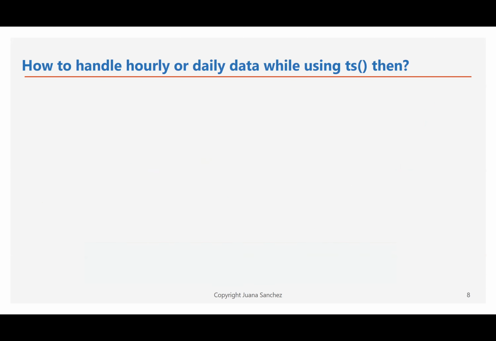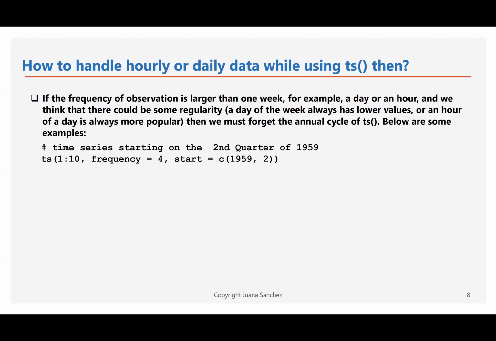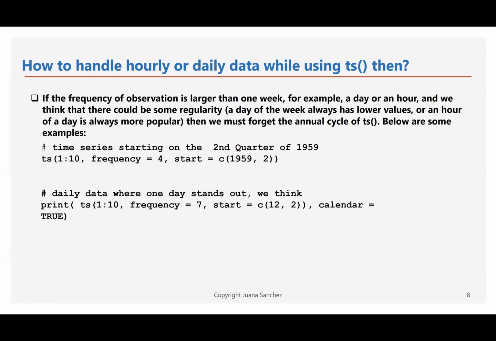So how to handle hourly or daily data while using TS then? If the frequency is larger than a week, for example, a day or an hour, and we think that there could be some regularity, a day of the week has lower values, that means daily seasonality or weekly seasonality, then we must forget the annual cycle of TS. So for example, in here, we have time series starting with the second quarter of 1959.